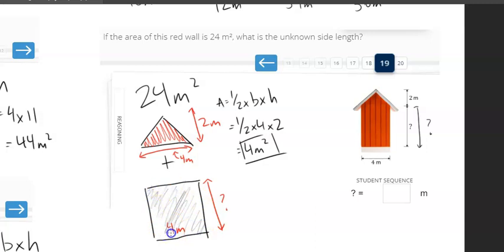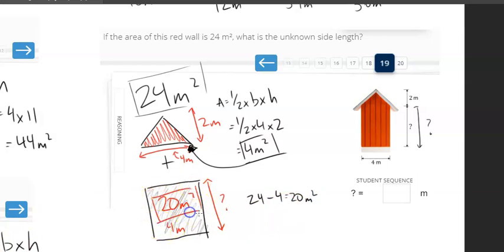Because once we know what this area is, we can determine what the side length is. Well, the area of the full thing, so this plus this, is 24. And we've already worked out that this area here is 4. So if this area here is 4 squared meters, and the whole thing is 24, 24 minus 4 is 20 square meters. So this thing in here has to be 20 squared meters.